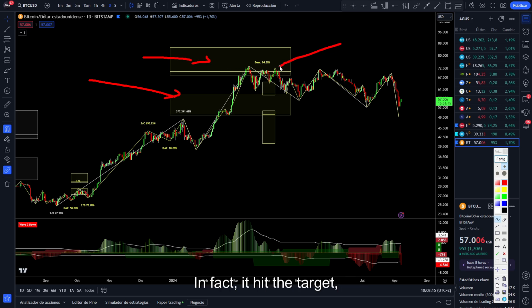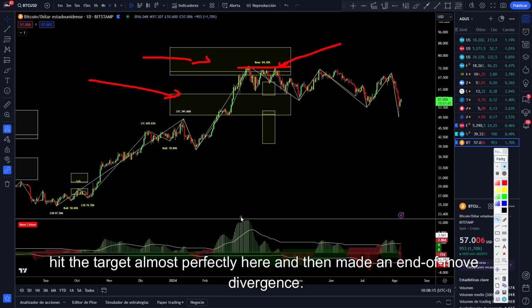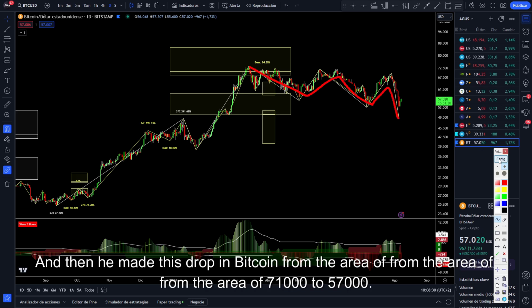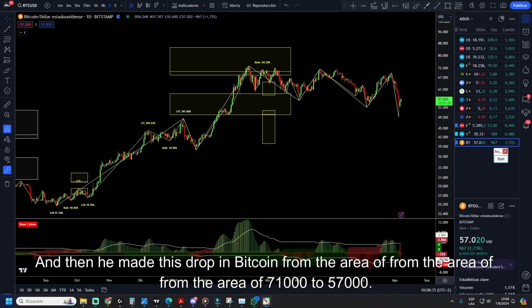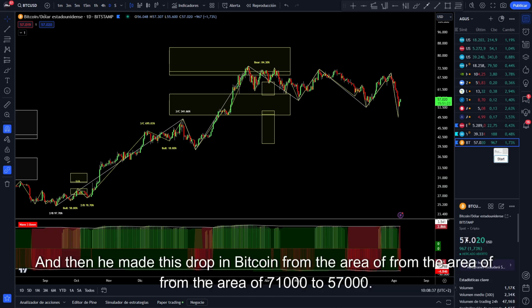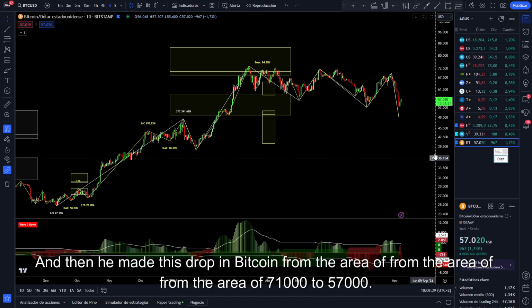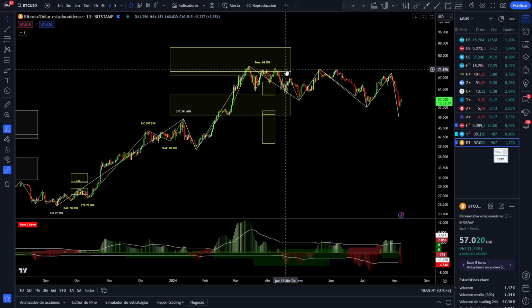In fact, it hit the target almost perfectly here, and then made an end of move divergence. And then Bitcoin made this drop from the area of 71,000 to 57,000.